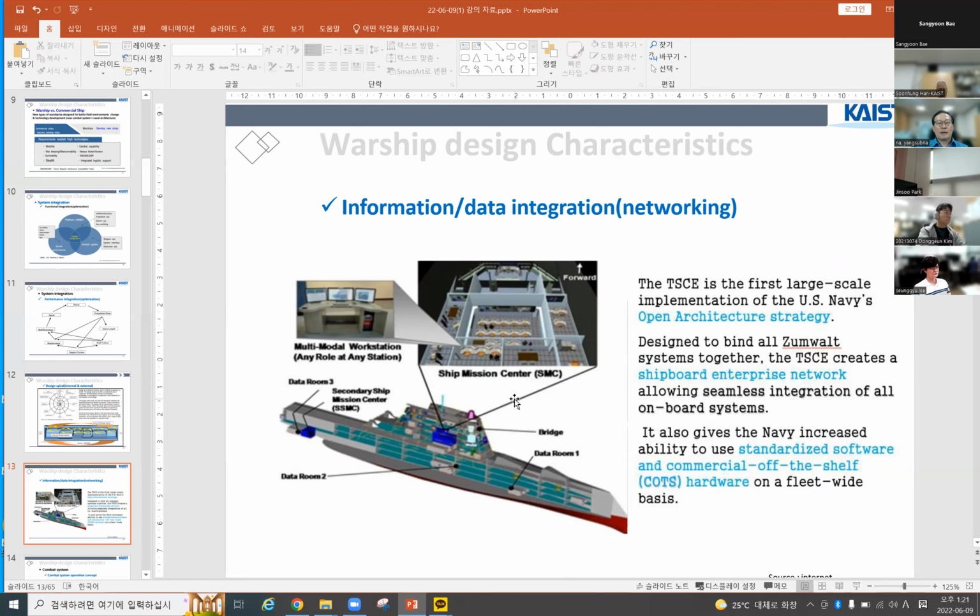This is the Zumwalt destroyer in the United States. The bridge, deckhouse, engine room, and all the systems are networked simultaneously.